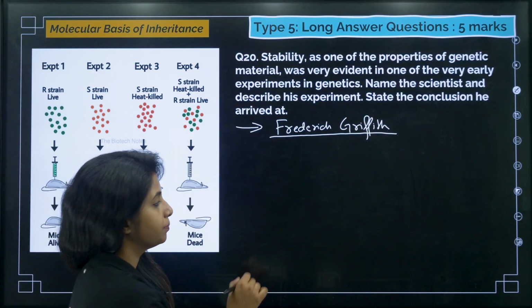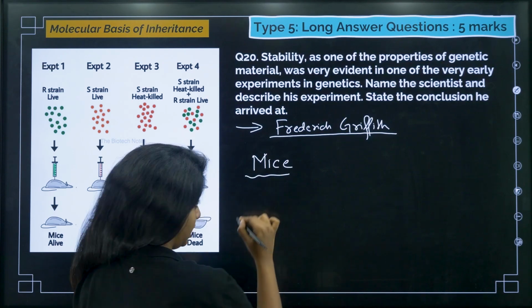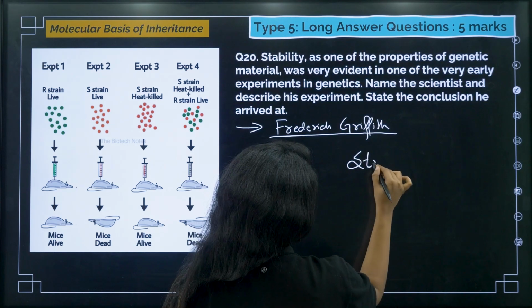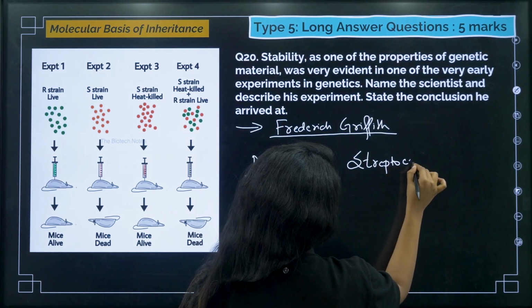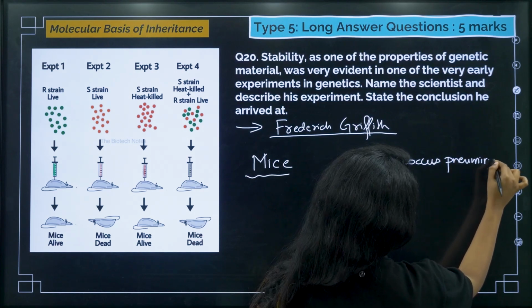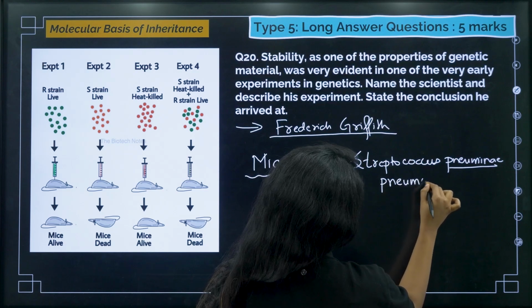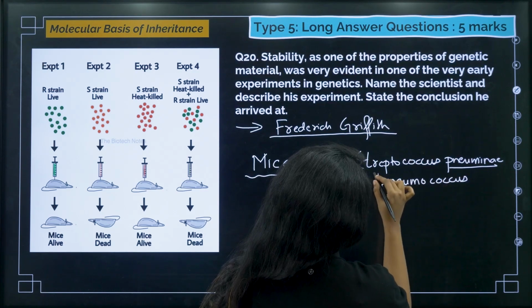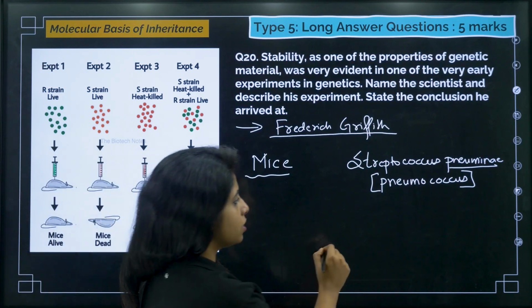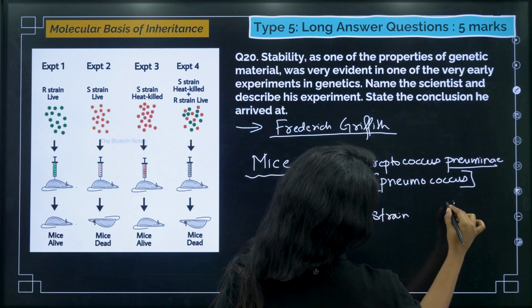He was working on an experiment where he used mice, and also a bacteria that causes pneumonia, which is known as Streptococcus pneumoniae. It was known as pneumococcus as well. And this bacteria had 2 strains, children. One strain was the R strain and the other strain was the S strain.